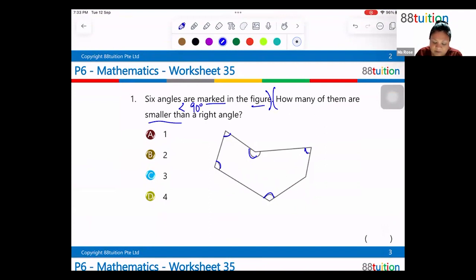You know straight away this is bigger than 90 degrees. This angle is also bigger than 90 degrees. Now, to know whether, it's a perpendicular line. So this is one of them that is less than 90 degrees.